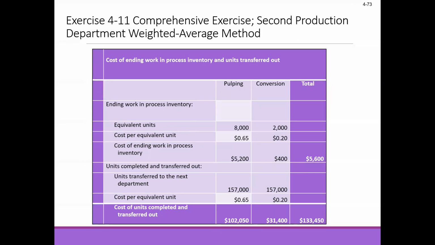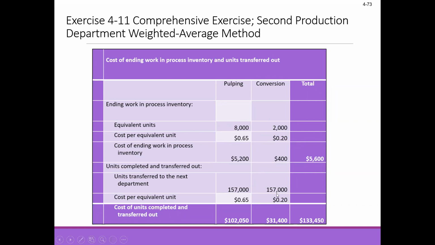Now, for our cost of ending work in process and units transferred out, we have our equivalent units of pulping and conversion at our cost for pulping and our cost for conversion, which gives us the cost of ending work in process.